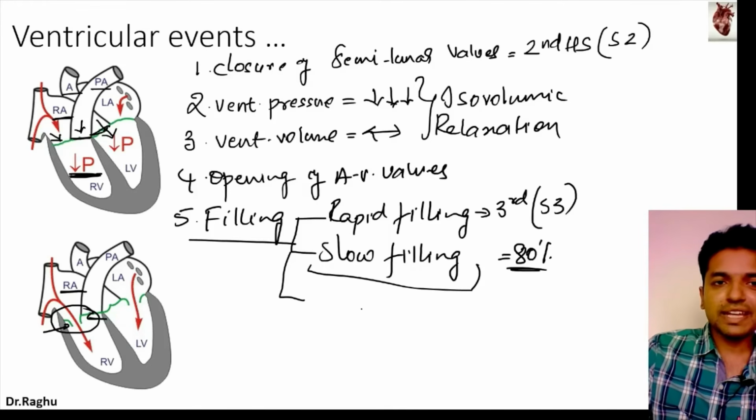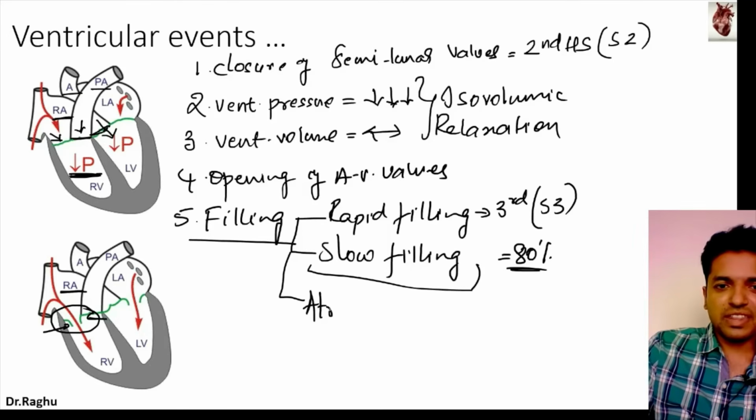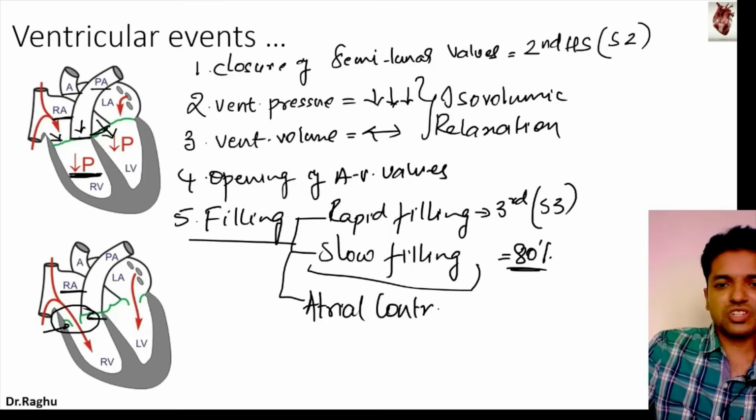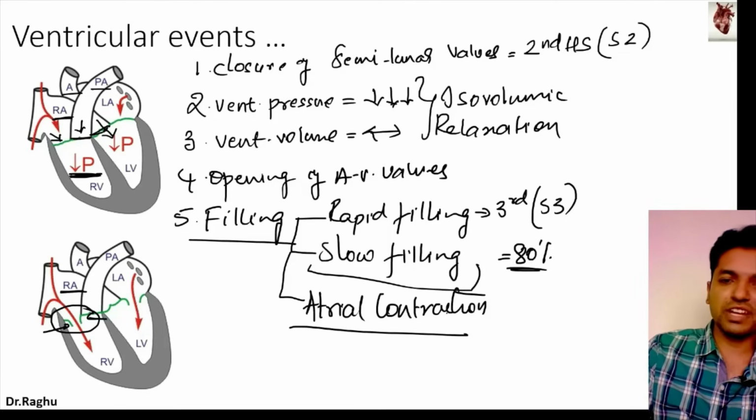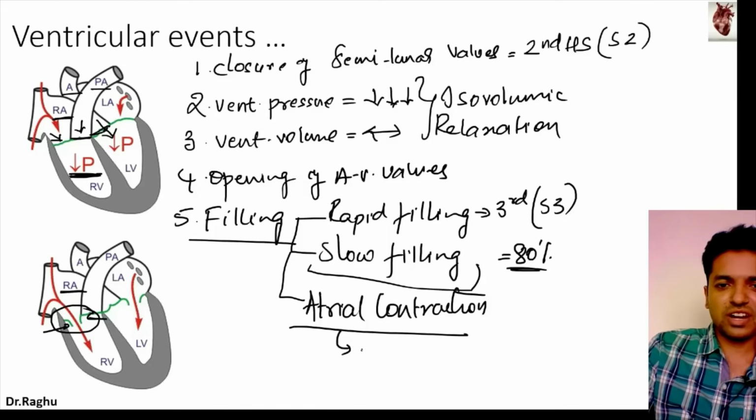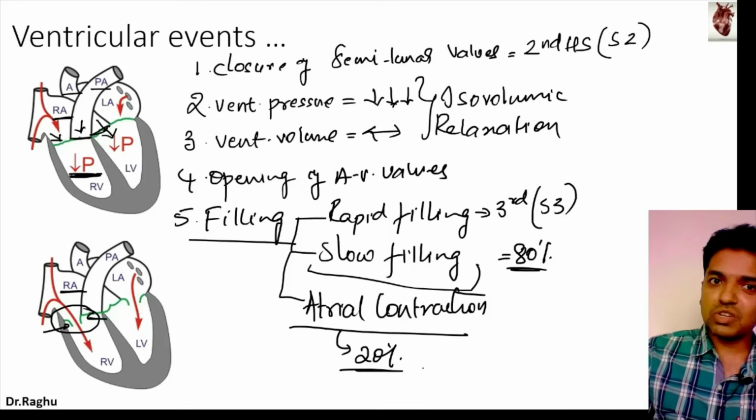Now for the remaining 20% of the blood which is remaining in the atria, I require active contraction of the atria, and that is what is done by atrial contraction, also called the atrial systole, which I have discussed in the very first. And this atrial contraction is aiding in pushing the remaining 20% of the blood from the atria into the ventricles.